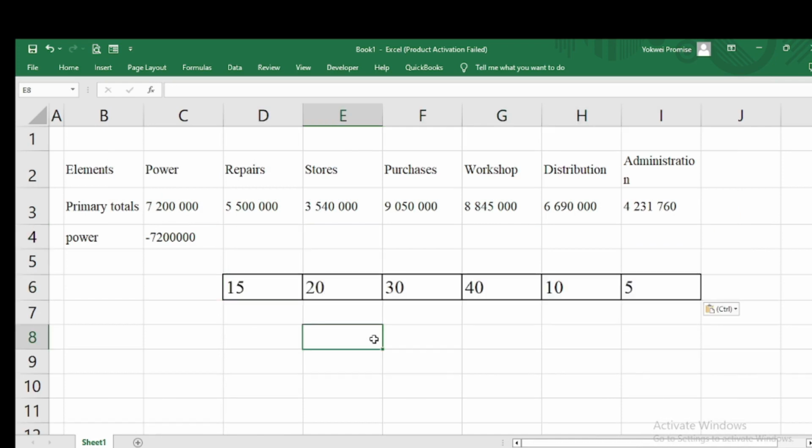So power is given to repairs at 15%, and 15% of 7,200,000, we are going to have 900,000.